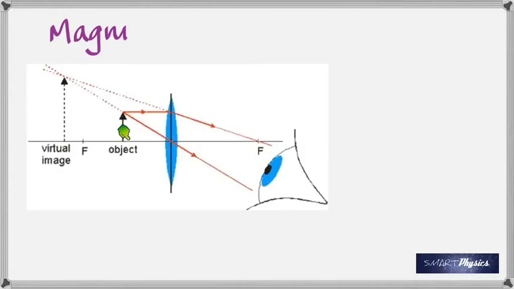Can you imagine that? So in your mind, just shift this image and put it here. Wouldn't it be big here up to this point? In that case, wouldn't the angle made by it be bigger than the angle that the object makes? All right. The ratio of the two is called angular magnification.